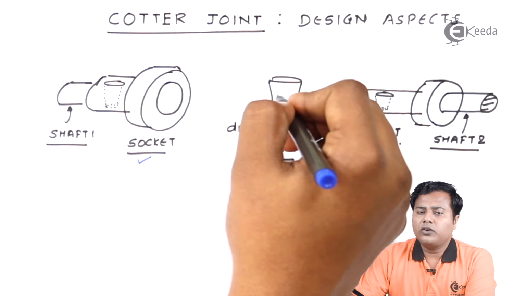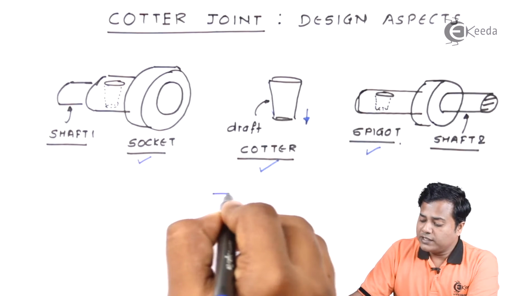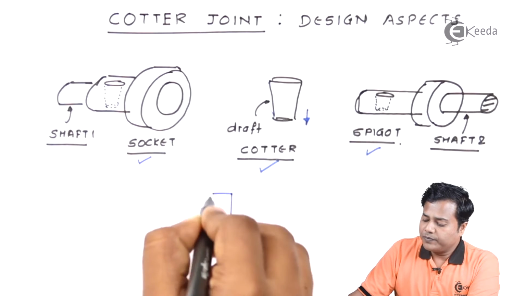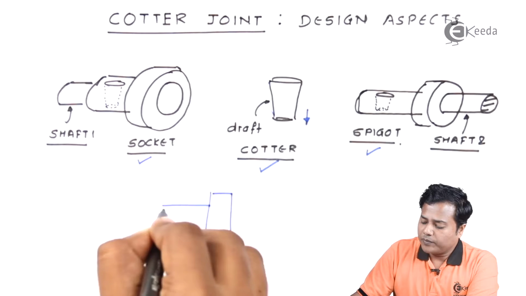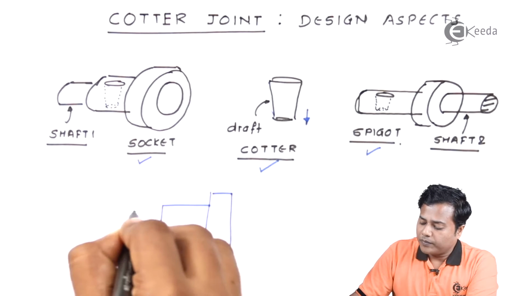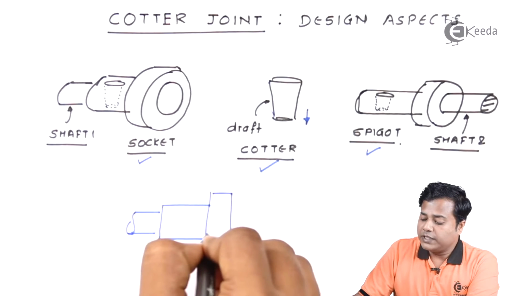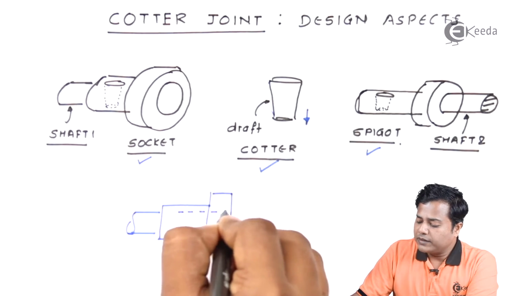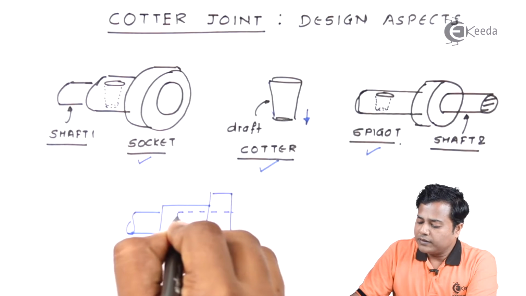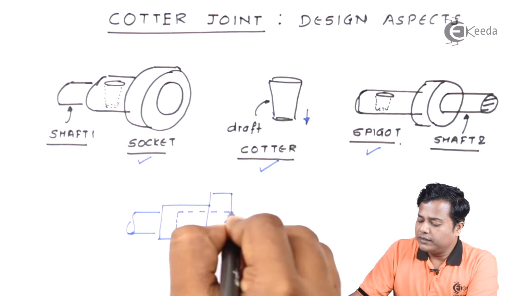When we draw the cross section of the socket, spigot and Cotter joint, it looks like this. This is the socket part, inside which the spigot part has been inserted.